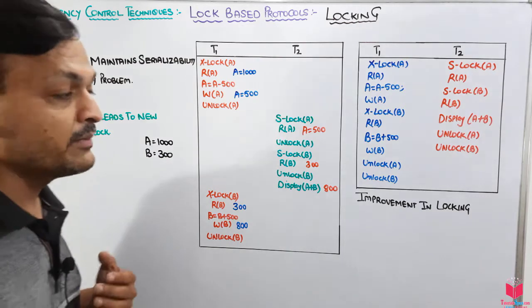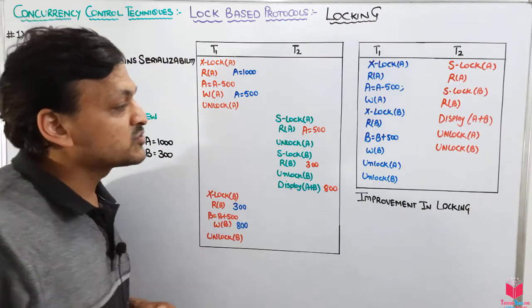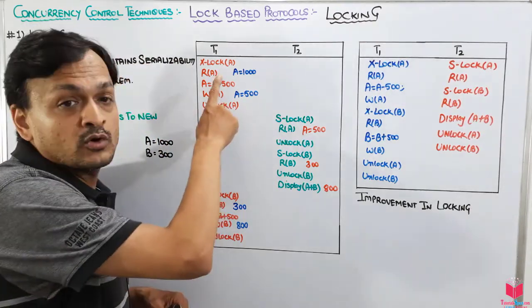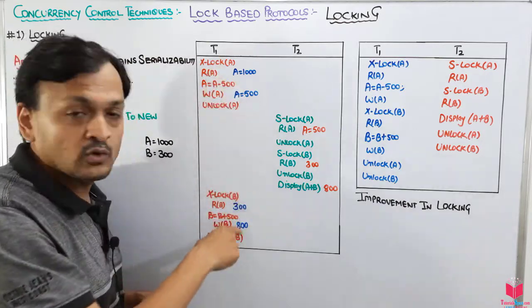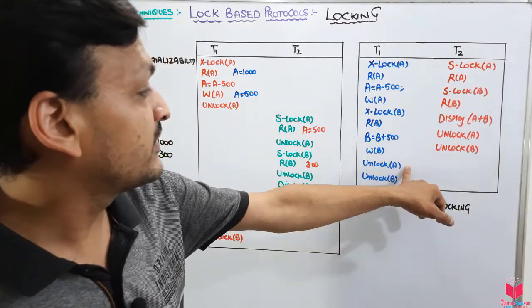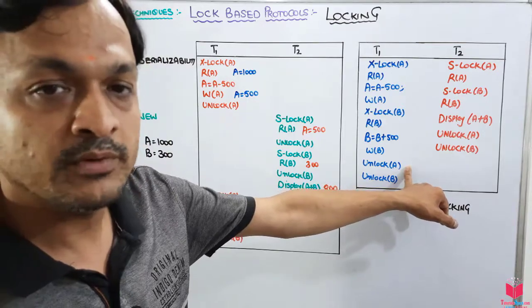So we make an improvement in this locking technique, which says that first of all you will not unlock any lock in the middle until you have used that lock completely. You have to unlock every data item at the end, not before.